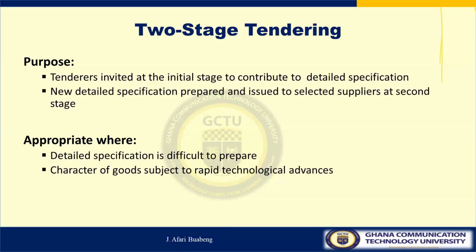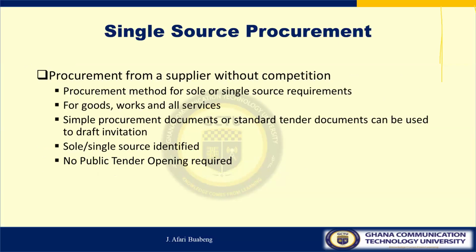And then the proposal will be evaluated, and then a successful tenderer, or contractor, is selected to execute the work. So that is how the two-stage tendering method is also used.